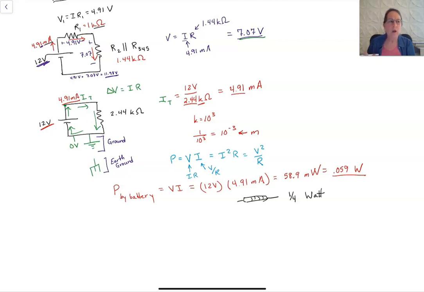And then you saw also in class some sort of bigger square ones that were white, right? These were 25 watt resistors. Okay, so this is an easy circuit to build because 1/4 watt resistors are very common and very inexpensive. 25 watt resistors are more expensive because they need to be able to not melt.